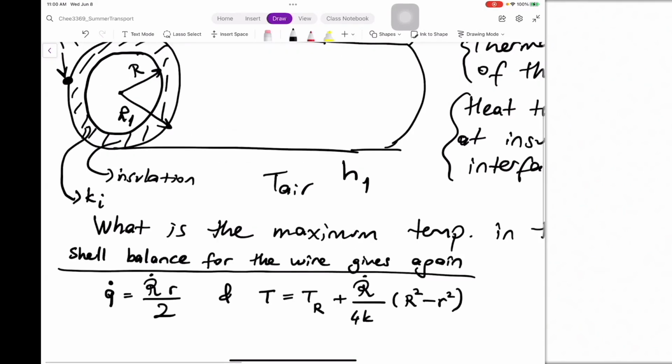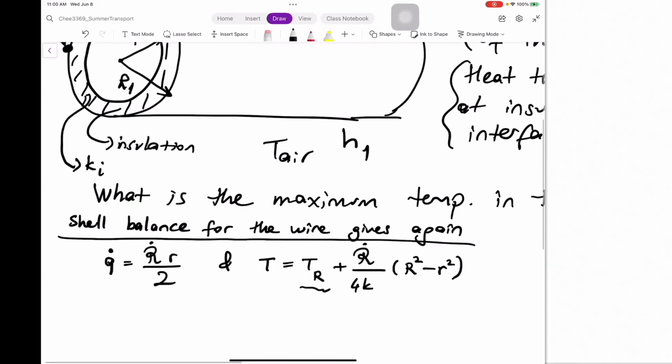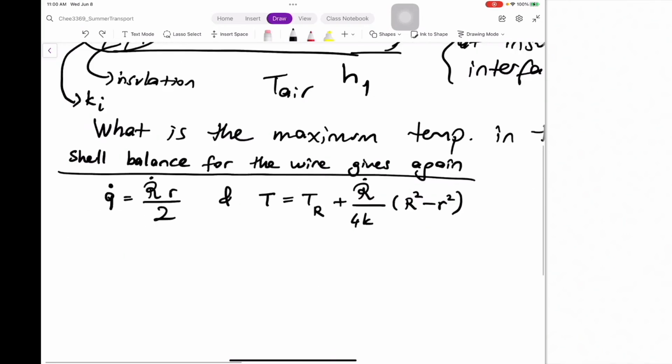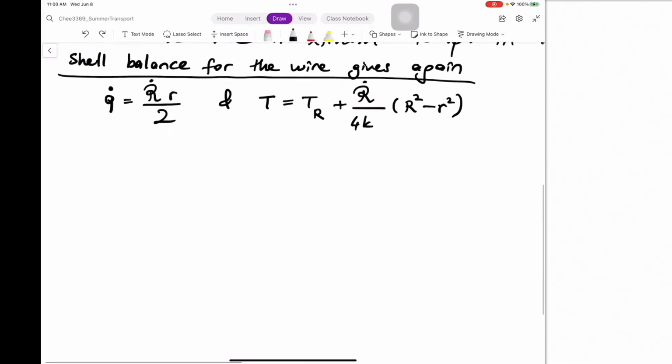Although T_R might be different, T has the same functional expression. You can go ahead as an exercise and try to figure this out by using the boundary condition that at r equal to capital R, T is equal to T_R, and you would find the same dependence of temperature on the radius.